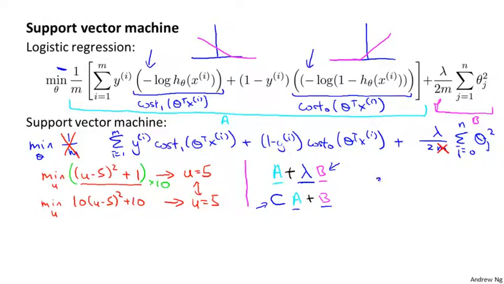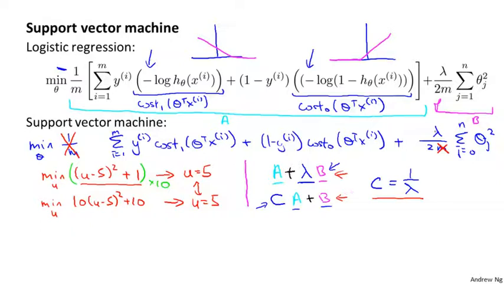You can think of C as playing a role similar to 1 over lambda. It's not that the two expressions are equal if C equals 1 over lambda, but rather that if C equals 1 over lambda, the two optimization objectives should give you the same optimal value for theta.